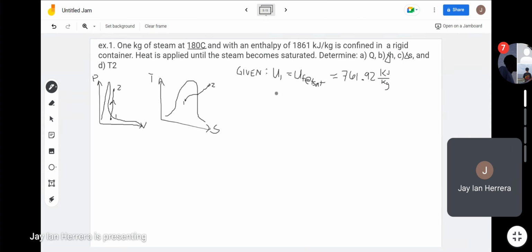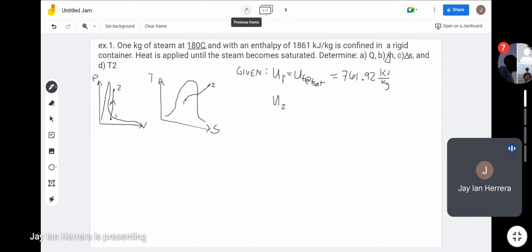Now U2. Oh wait, it's fine, it's UF first. Our given enthalpy is a wet mixture.